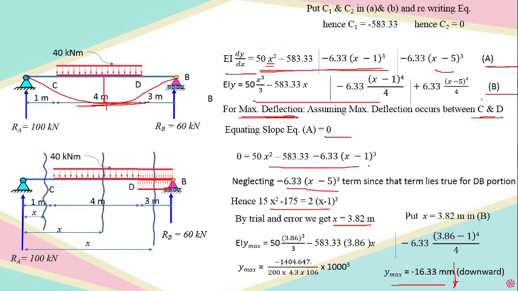I come across this particular equation; simplify it and you come across a quadratic equation. Solve that quadratic equation and get x equal to 3.82 meter. Take the equation of deflection, put x equal to 3.82 meter, and this is how we get the maximum deflection for this beam. We got y max equal to minus 16.33 millimeter, downward.